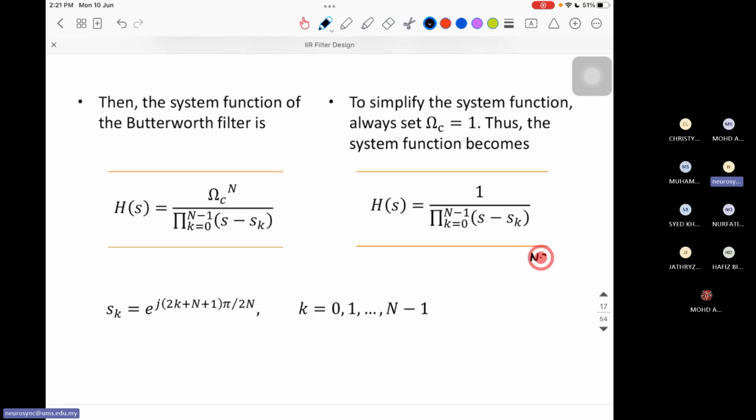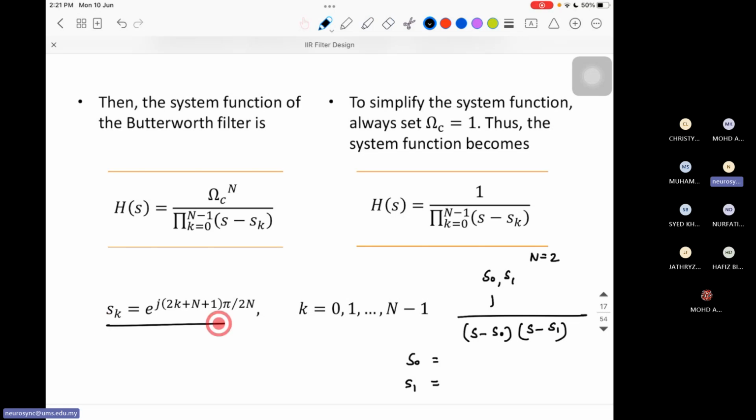If I'm having n equal to 2, then I will be having poles S0 and S1. So in the denominator part, I will be having S minus S0 into S minus S1. And I can find S0 and S1. Correct? How will I find S0 and S1?